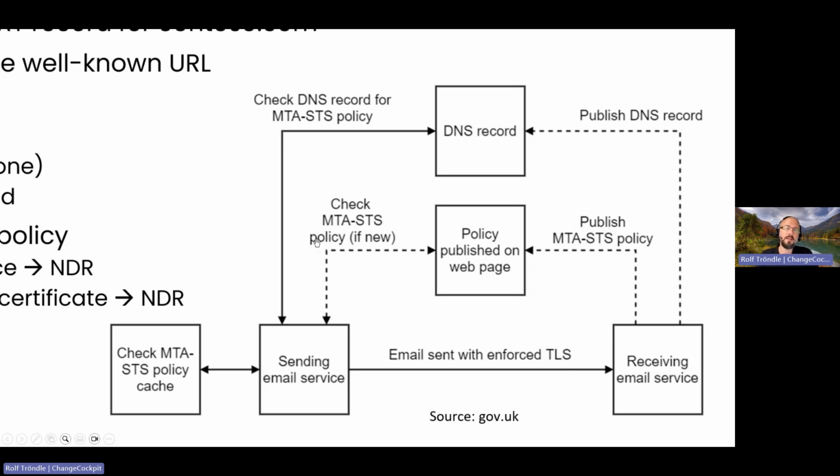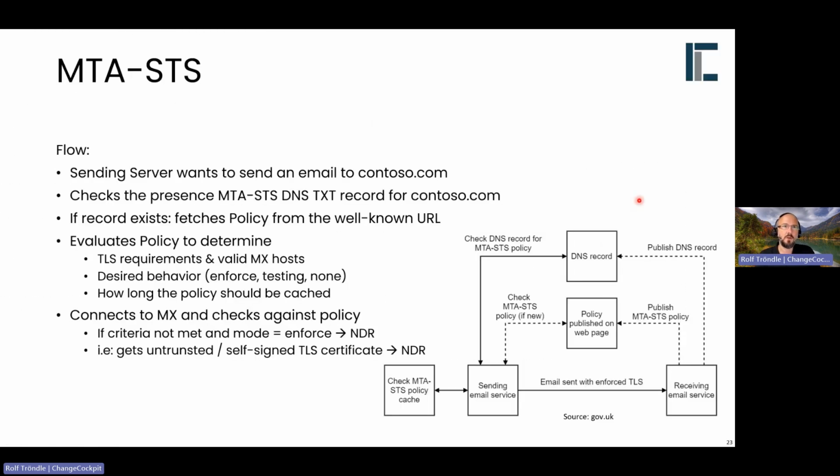That's the sending part, and the receiving side, that would be you. You would need to implement it using the DNS record and publish the MTA-STS policy file in a web service. And then it will connect to your MX record after having downloaded the policy file, and will check if the criteria are met to connect to your service.